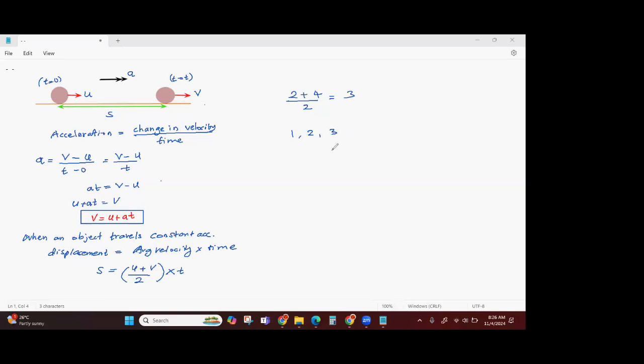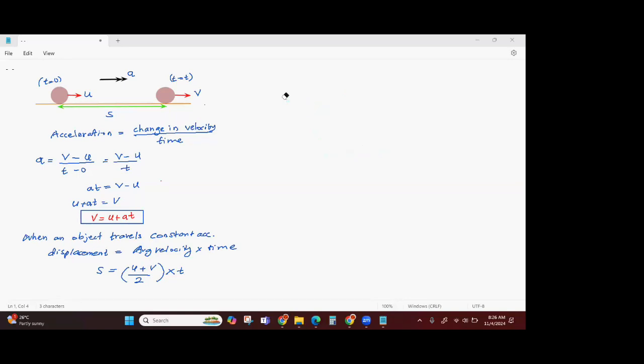If you want to find the average of these three numbers, 1 plus 2 plus 3, divide by which number? 3, because there are three values, we have to divide by 3. Here this is 2 because there are 2 velocities, right? You divide by 2. So here we have taken two values, u and v. So therefore we have to divide by 2. Is that clear? Yeah.